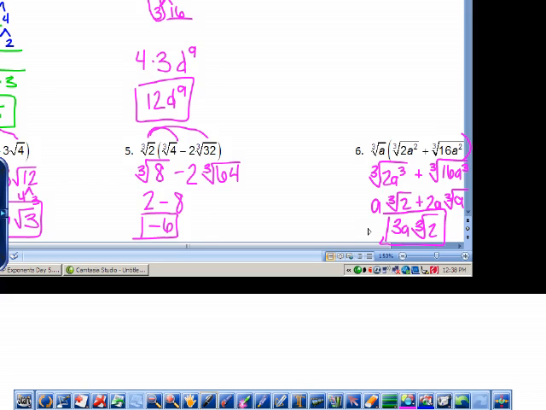Like, it's 2a times the cube root of a. Oh, sorry, that's a mistake on my part. That should have said 2a times the cube root of 2, because when you take a cube root of a cubed, you just get a on the outside. Cube root of 16 is 2 times the cube root of 2. Okay?